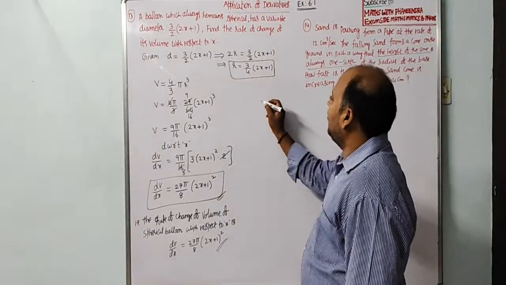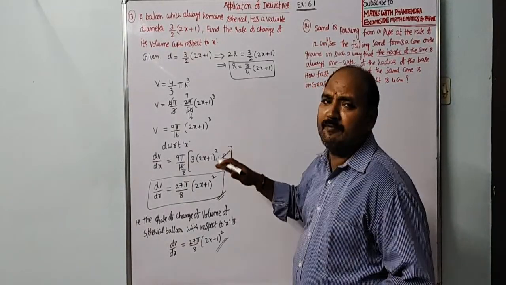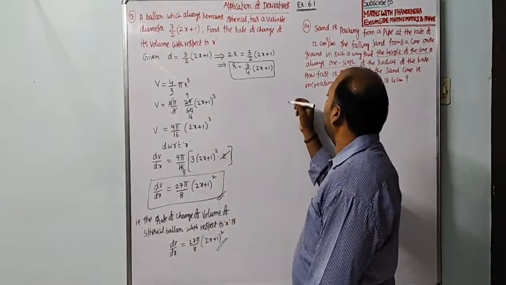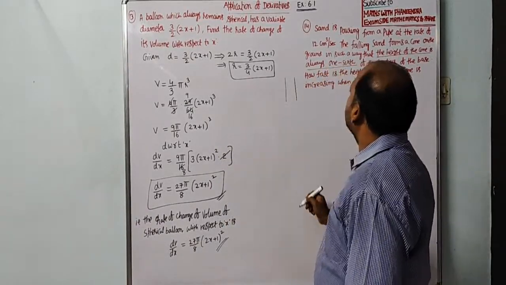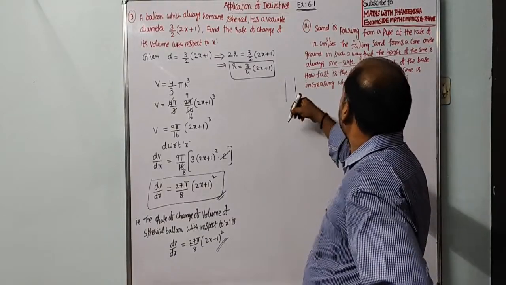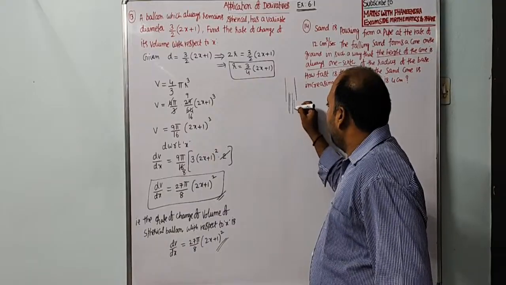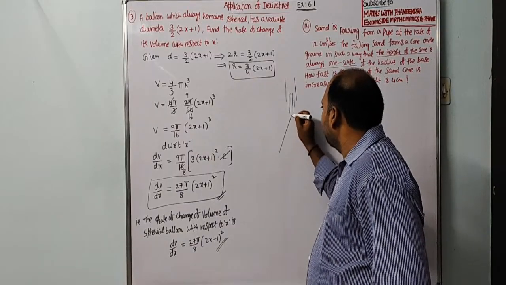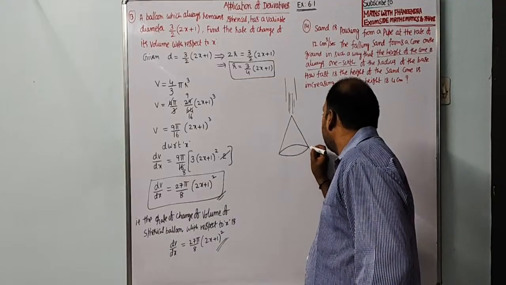See, the figure comes like this. Even if it is coming vertically or horizontally, that may be different. This is the pipe. Sand is pouring from the pipe, it is coming like this. It forms a cone.